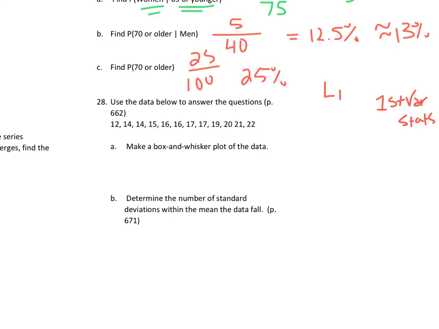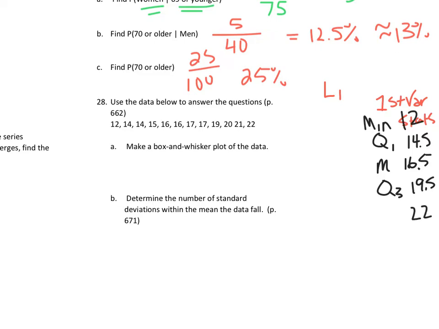In my one-variable statistics, I have that the Q1 is 14.5, the median is 16.5, and the Q3 is 19.5. I can find the min and the max just by looking at my data set. The minimum number, these are all in order, is 12, and the maximum number is 22.